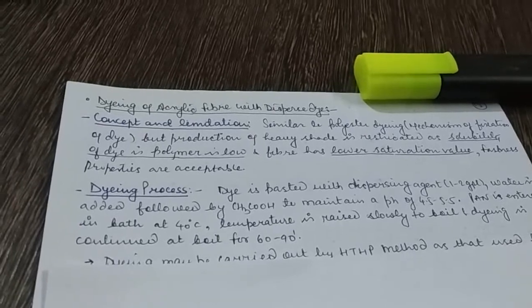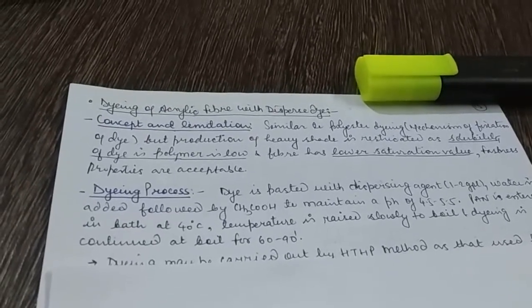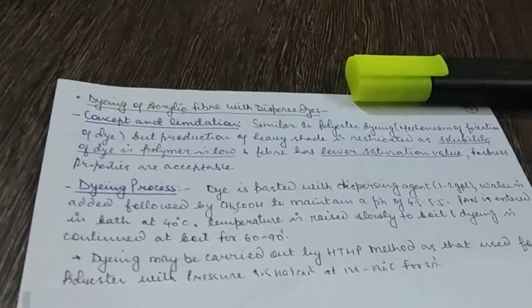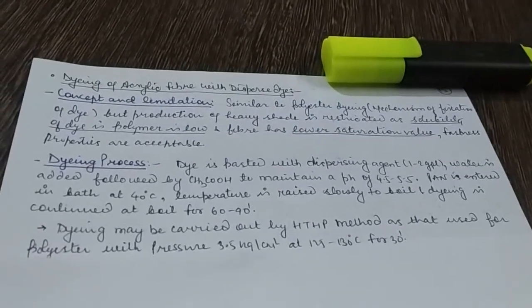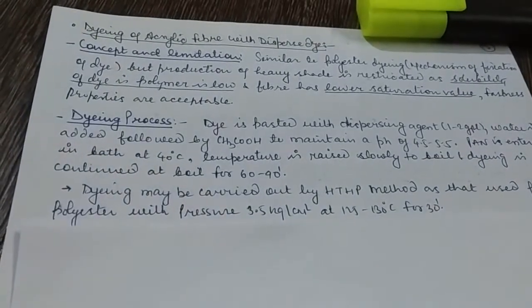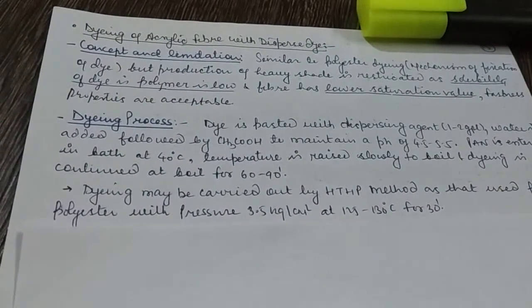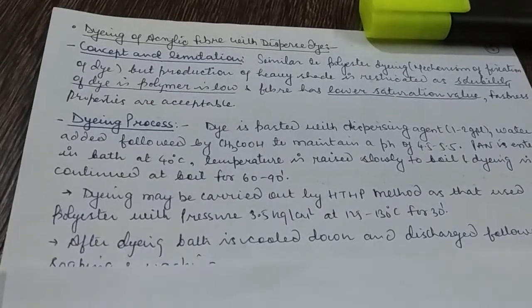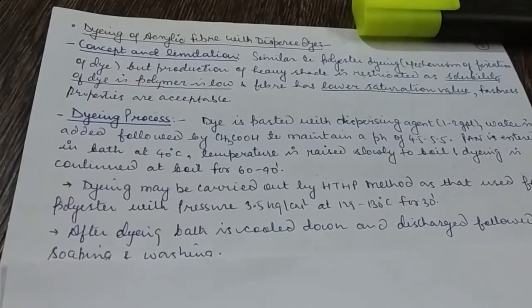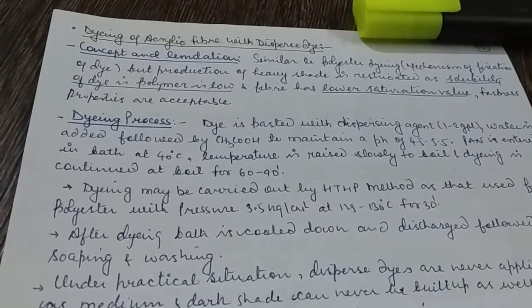As we said, only light shade is possible. Dyeing may also be carried out by the HTHP method, as used for polyester, with a pressure of 3.5 kg per square centimeter at 125 to 130 degrees centigrade for 30 minutes. After dyeing, the bath is cooled down and discharged, followed by soaping and washing.